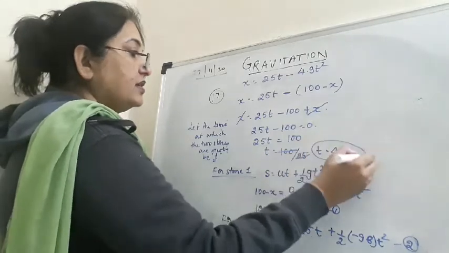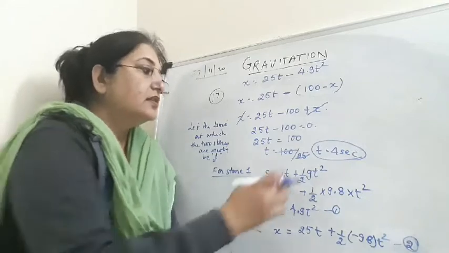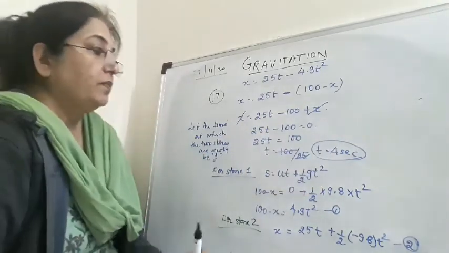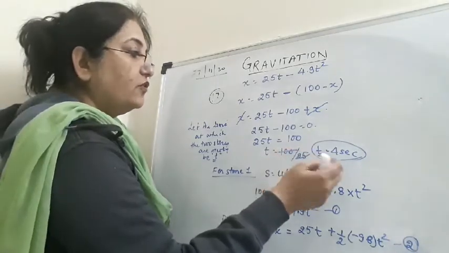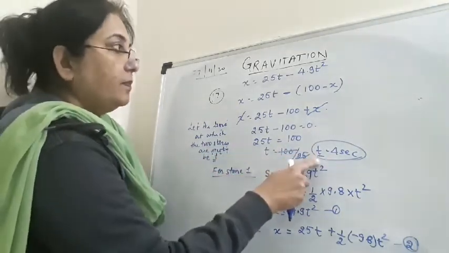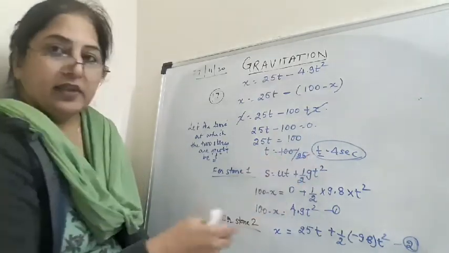So when are the stones meeting? Stones are meeting after 4 seconds. Now since we've got the answer for time t, we will substitute t in any one of the equations and we'll get the answer for x.